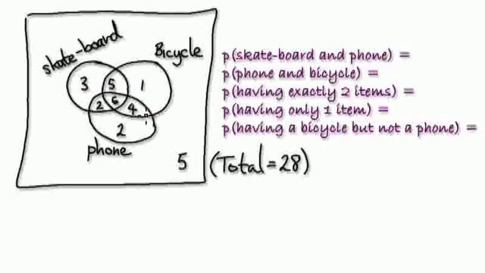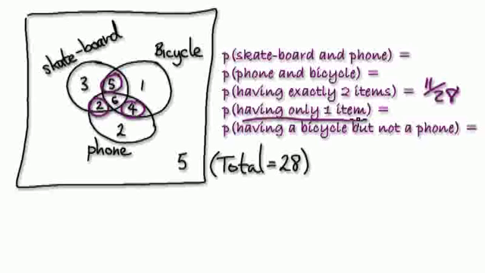Because anyone from here would have two items, a skateboard and a bicycle. Anyone from here would have a phone and a skateboard, but not a bicycle. So exactly two items would be 5 plus 4 would be 9, plus 2 would be 11. Okay, 11 out of 28.